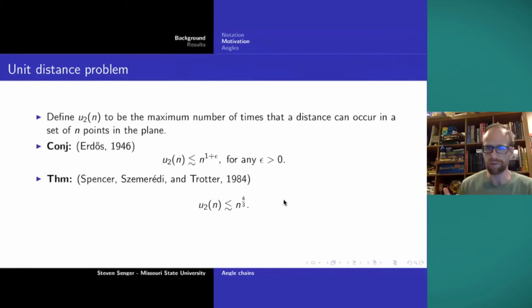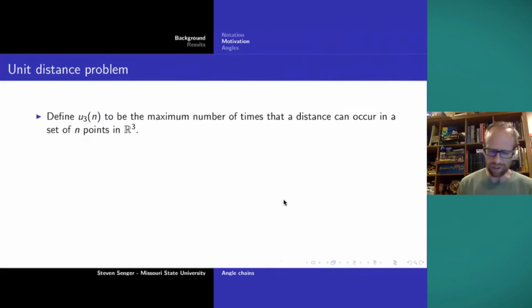And this is, of course, Spencer with Szemerédi and Trotter. It's a similar argument to the celebrated Szemerédi-Trotter point-line incidence theorem, because if we're counting unit distances, we're looking at incidences of points and circles. Of course, we can ask this problem in 3 dimensions. Same question.